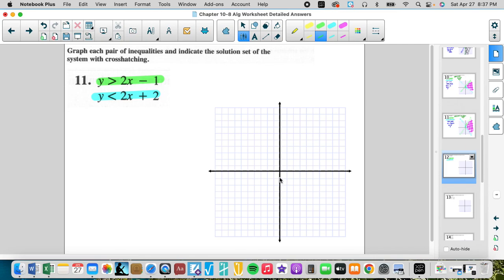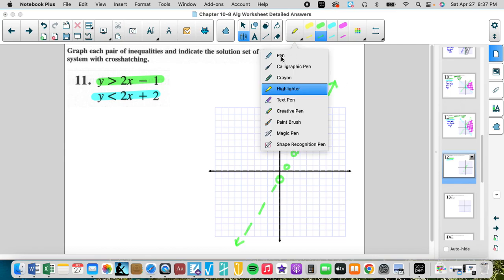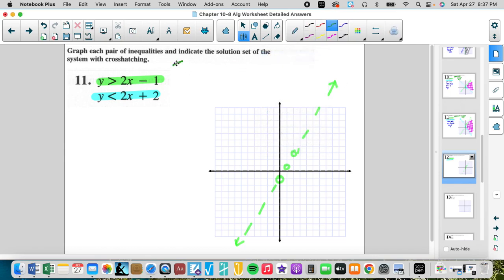This one. Negative 1, open circle. Slope of 2, up 2, right 1, up 2, right 1. Let's test this time. Testing. 0, 0. Is 0 greater than 2 times 0 minus 1? Is 0 greater than negative 1?